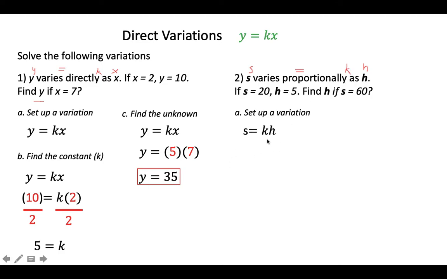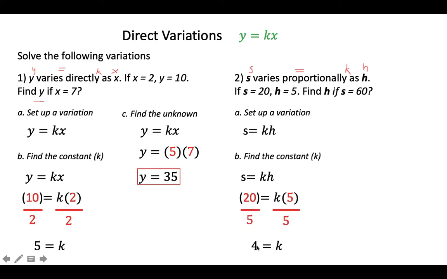So our variation is s = kh. Next, we find k, the constant, given s is 20 and h is 5. Substitute h = 5 and s = 20, then isolate k by dividing both sides by 5. 20 divided by 5 is 4. So our k is 4.